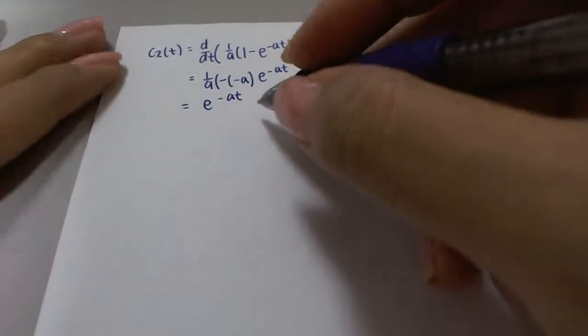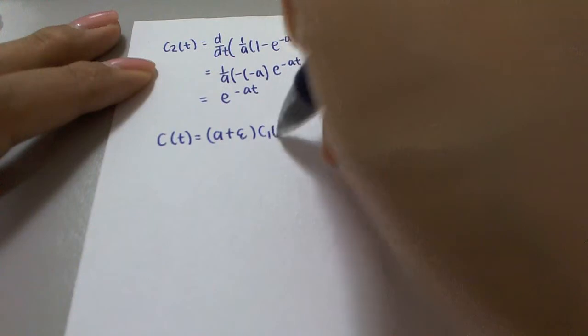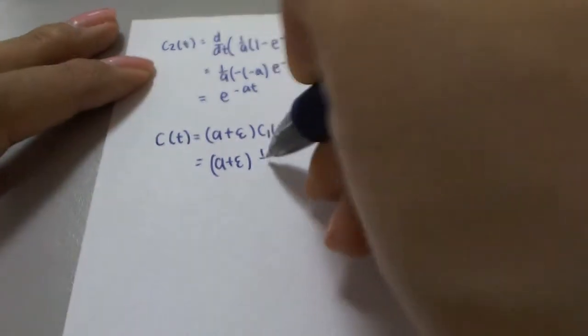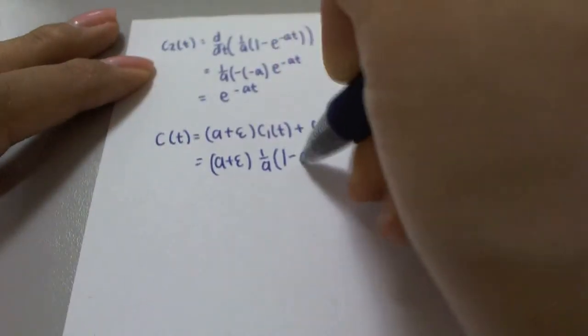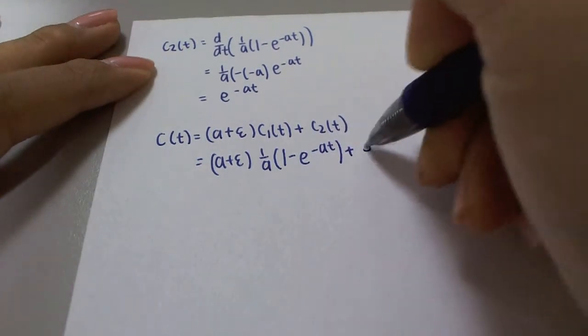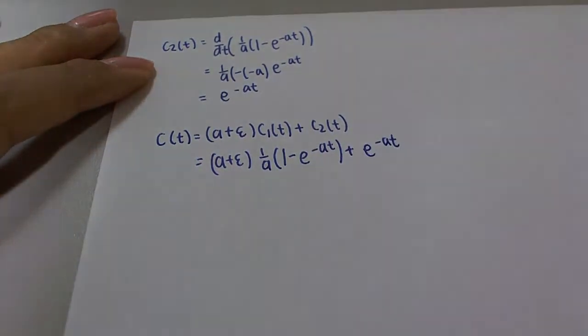And with this, we can construct our general step response, which is C of t equals (a plus epsilon) multiplied by C1 plus C2. So we have C of t equals (a plus epsilon) over a multiplied by 1 minus e to the minus at, plus e to the minus at.